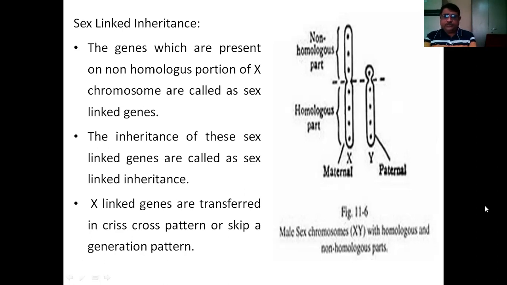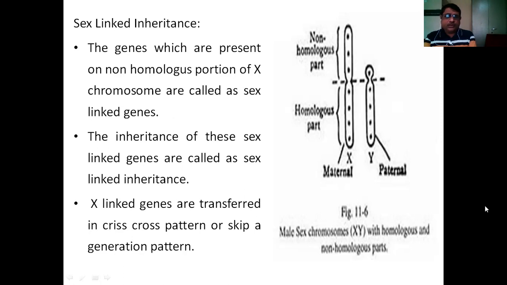The genes present on the non-homologous part of the X chromosome are called sex-linked genes. To be more precise, this is the most accurate definition: the genes present on the non-homologous part of the X chromosome are called X-linked genes or sex-linked genes, whereas the genes present on the non-homologous part of the Y chromosome are called holandric genes.